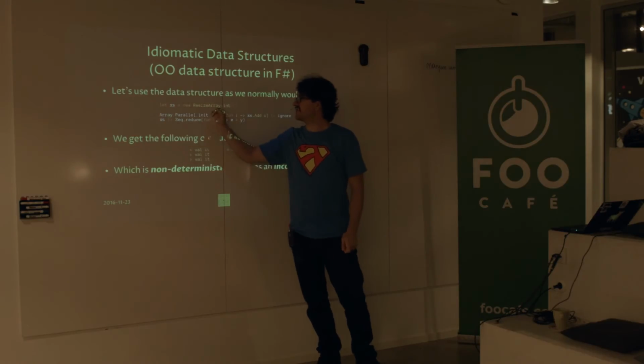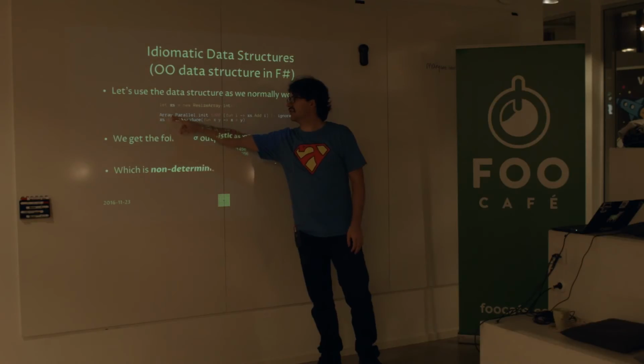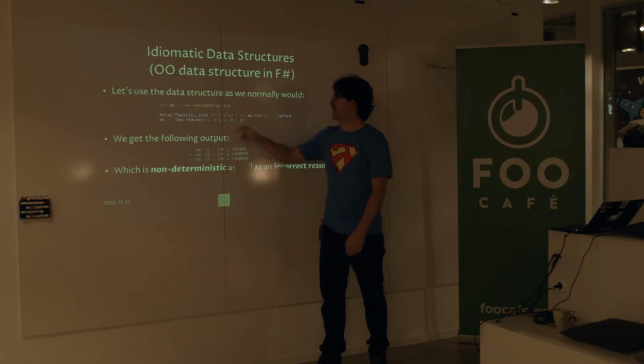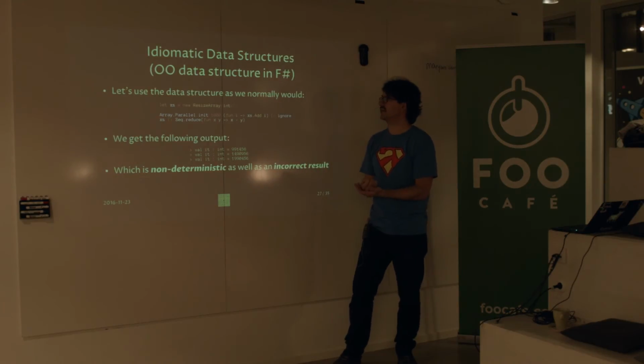So I instantiated the resize array, and because it's very easy to use parallelism in F#, instead of saying array.init, I just called it with parallel, and I just add a lot of elements into this array.